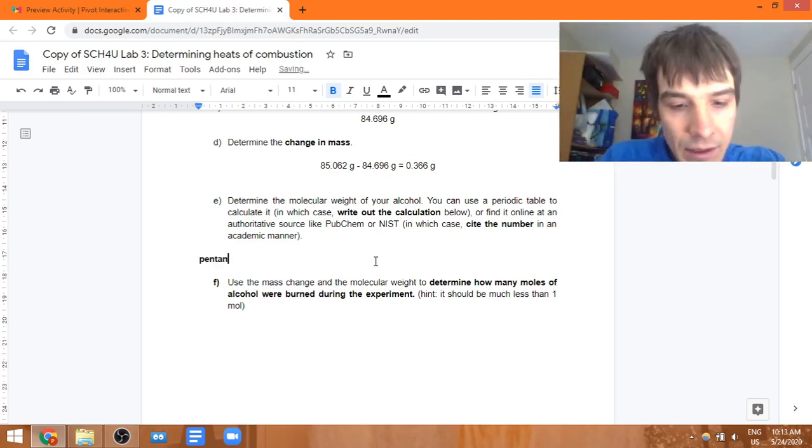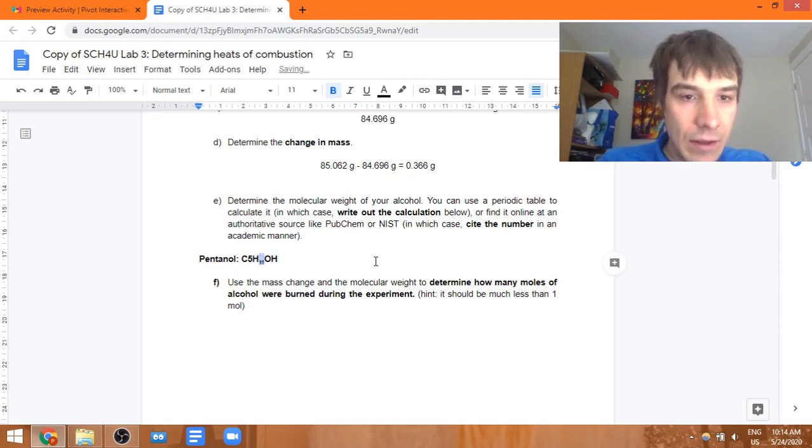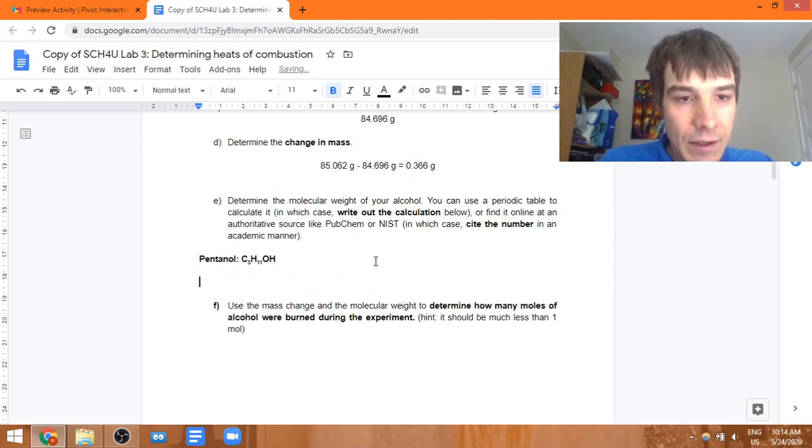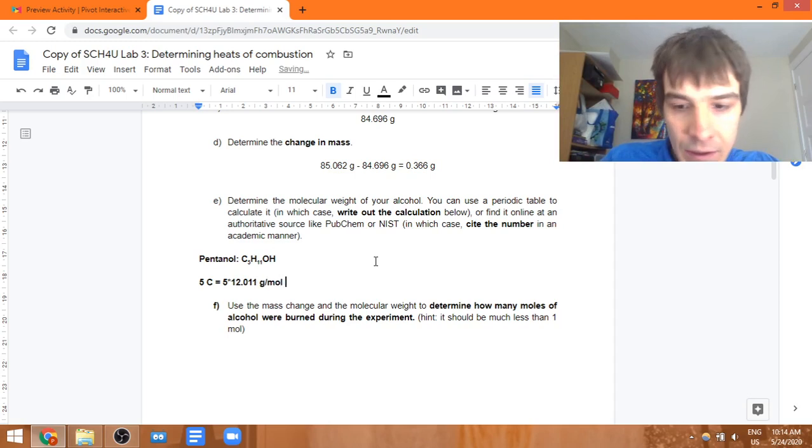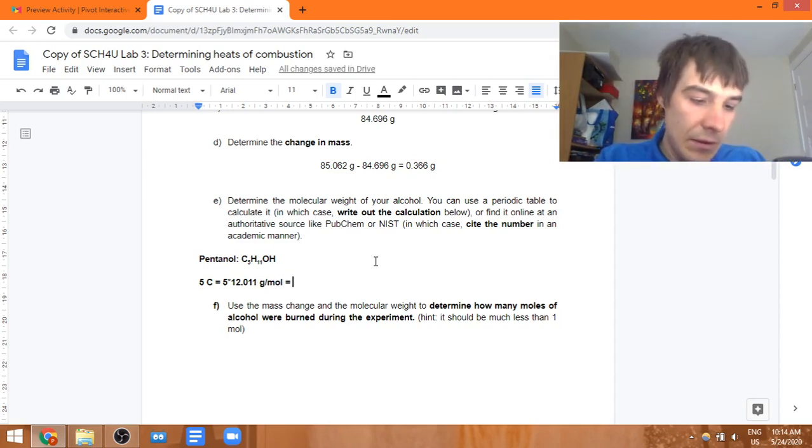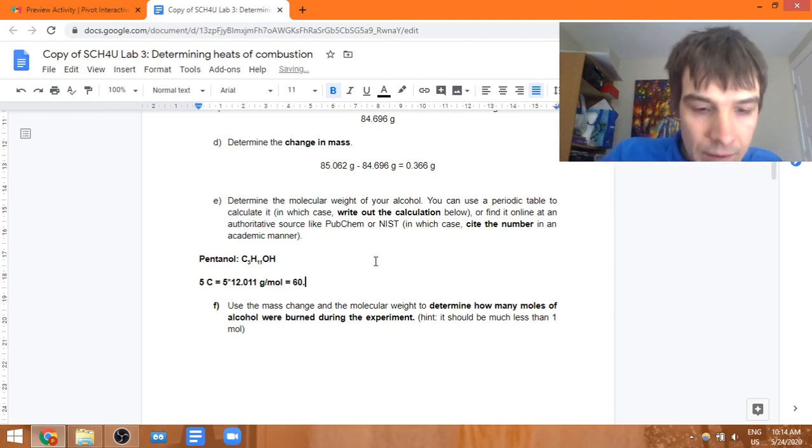So pentanol is C5H11OH. Right? So we have 5 carbons, 5 times, and look at my table here, 12.01 grams per mole, equals 5 times 12.01, 60.055 grams per mole.